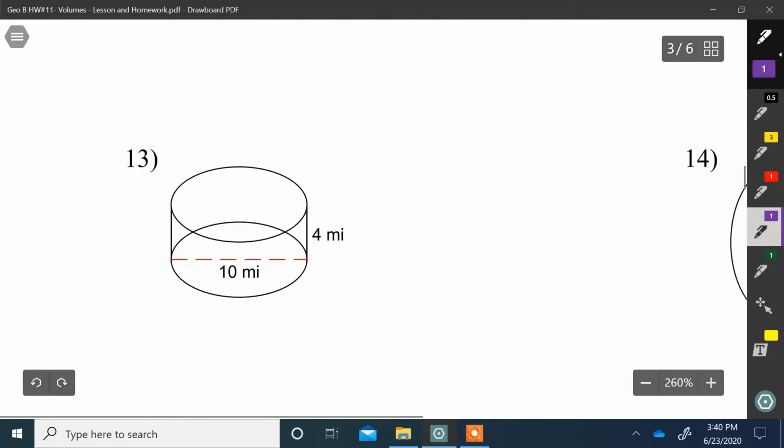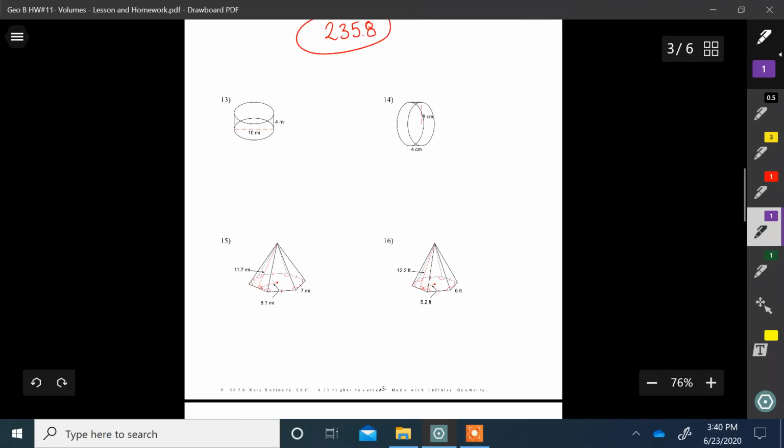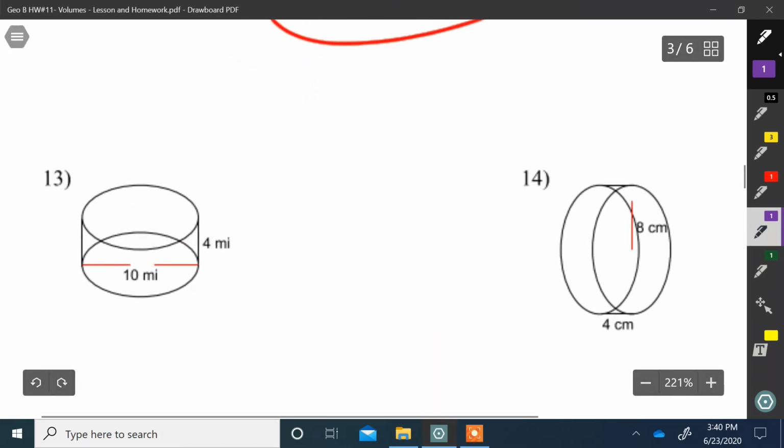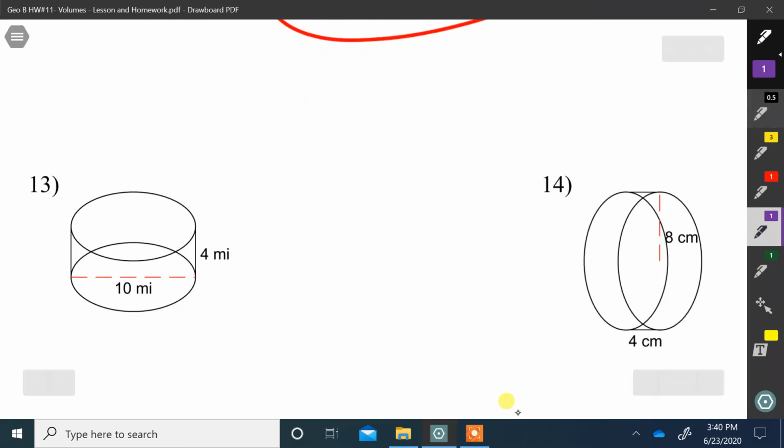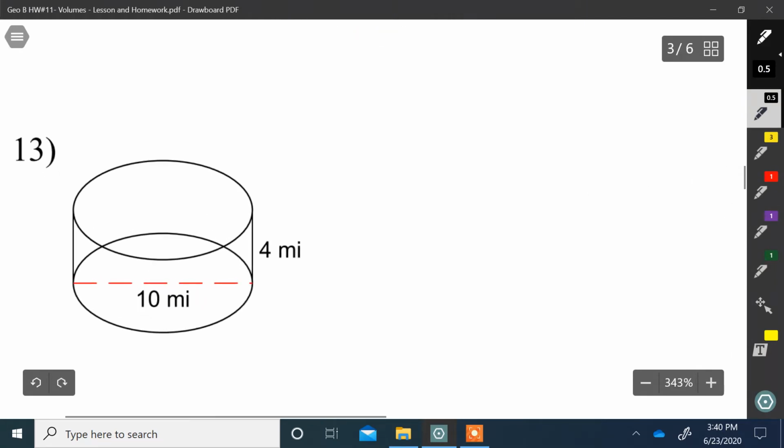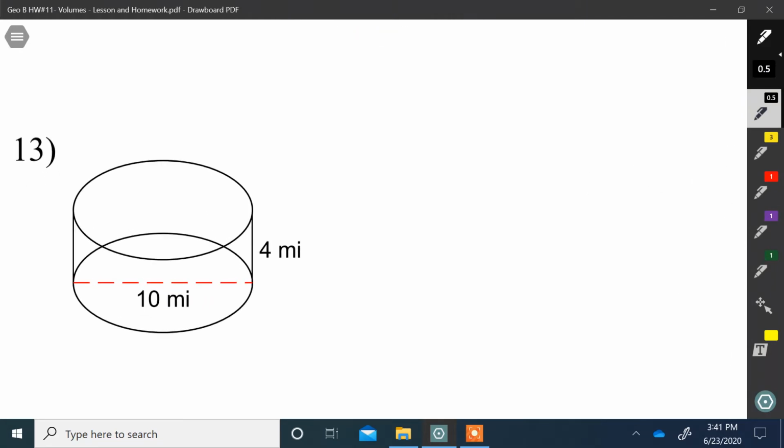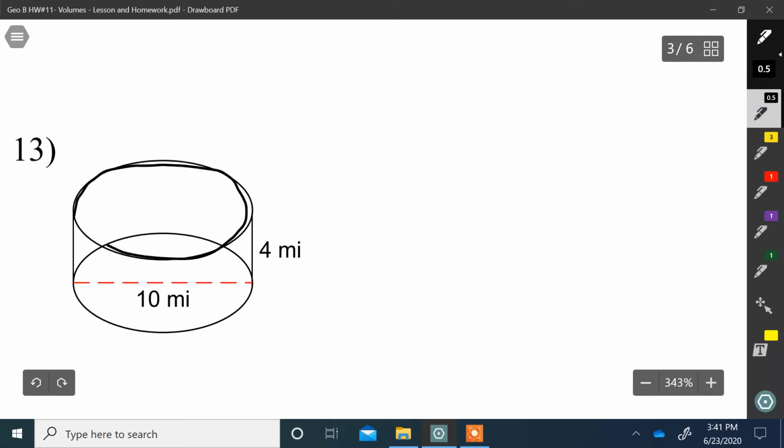All right, number 13. Let's talk about lateral area on that one there. In this problem here, I do not care whatsoever about the top and the bottom. So lateral area, literally, this is what it means.